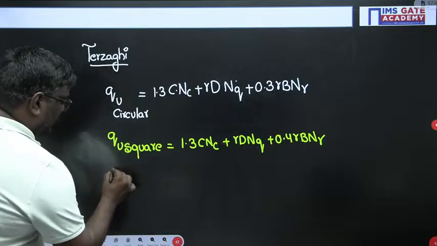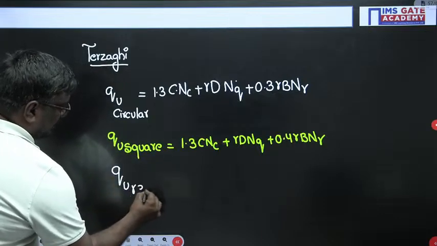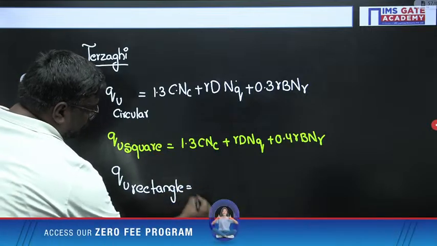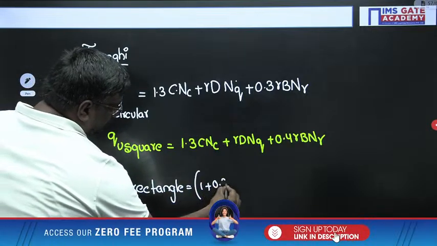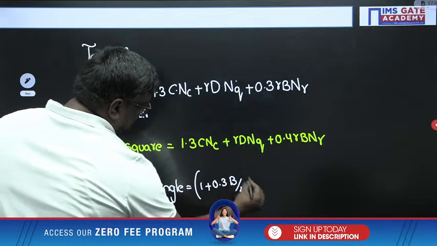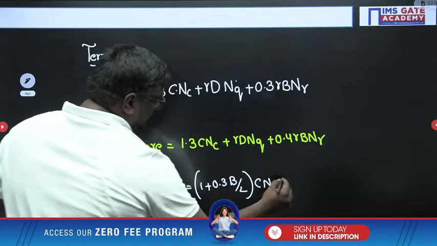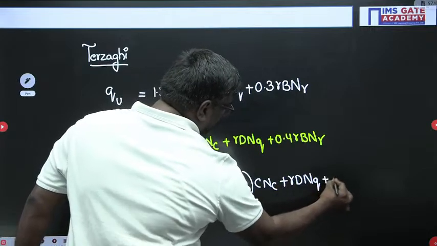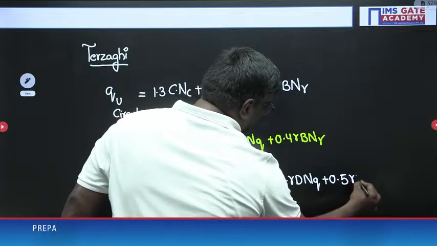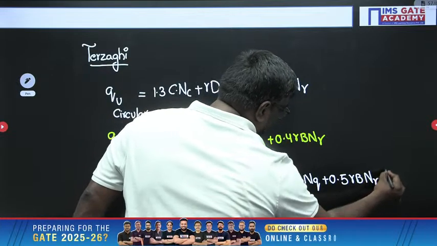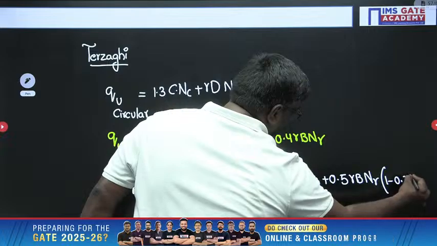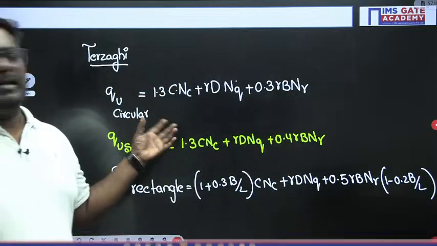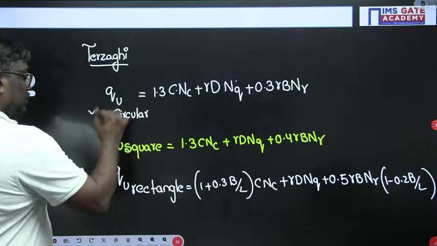For a rectangle, it is 1 plus 0.3 B by L CNC plus gamma D NQ plus 0.5 gamma B N gamma into 1 minus 0.2 B by L. These are the ultimate bearing capacity for circle, square and rectangle.